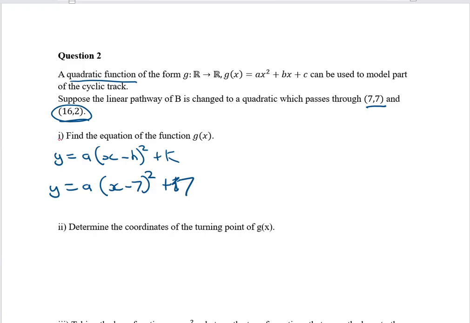Just remember there are other ways to do this, but this is the easiest way. The second point, I'm just going to put those two values in and solve for a. 2 is equal to a in brackets 16 take away 7 squared plus 7. Okay, so we'll just simplify this now. 16 take away 7 is 9. 9 squared is 81.